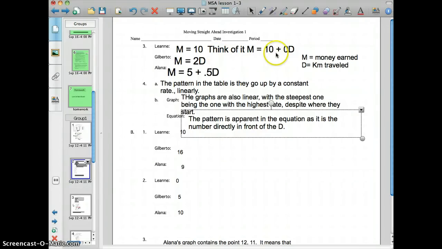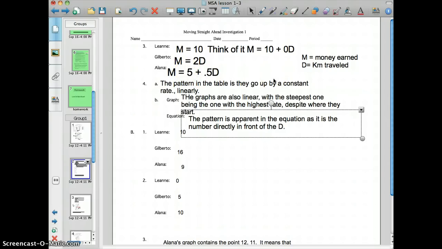And if you want to think about that as you're taking 0 and multiplying it by her distance, and it's always going to give you 0, and then adding $10 to it. With Gilberto, he's earning $2 for every lap. And notice with Alana, she's earning 50 cents, 0.5, for every lap, but she also gets this added $5.